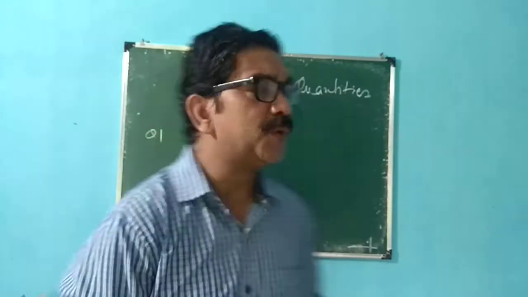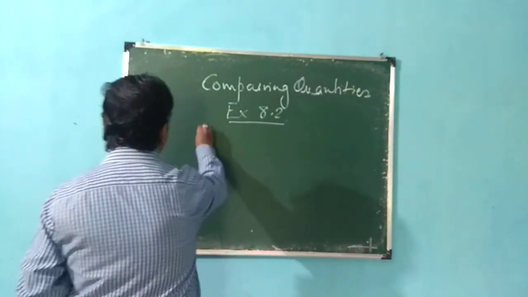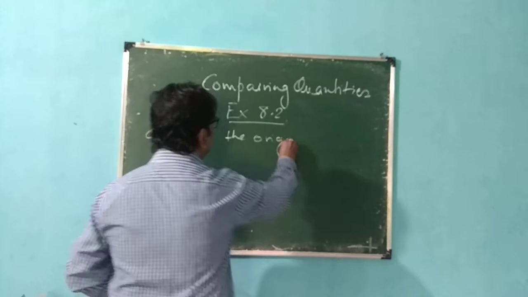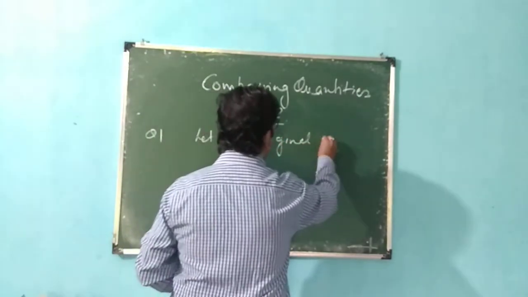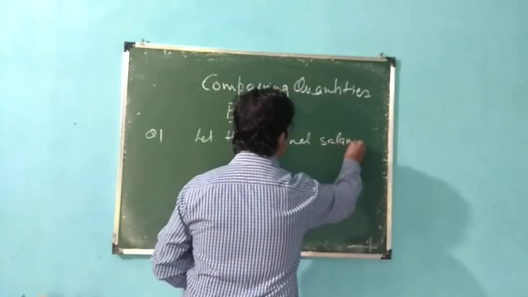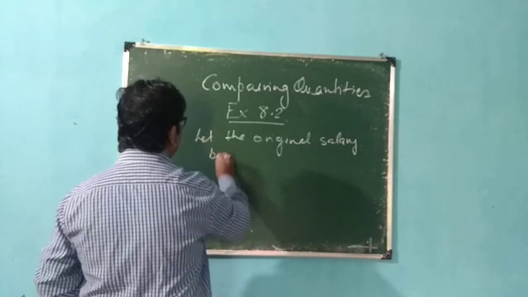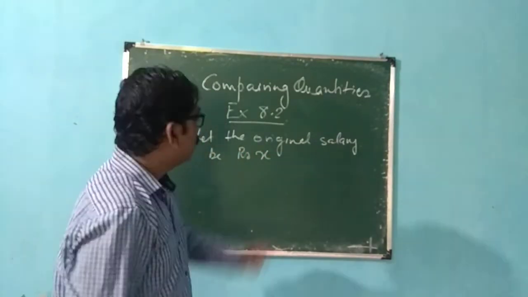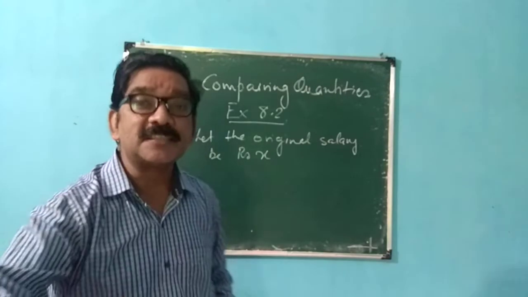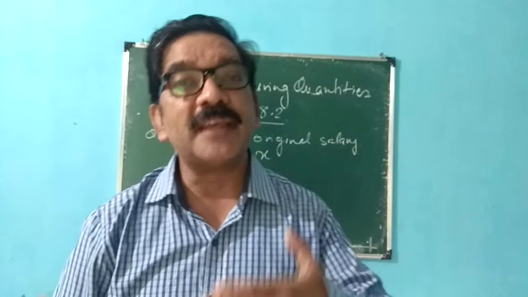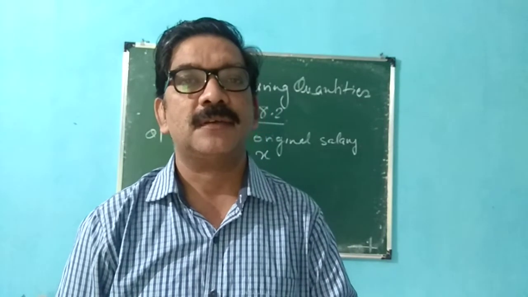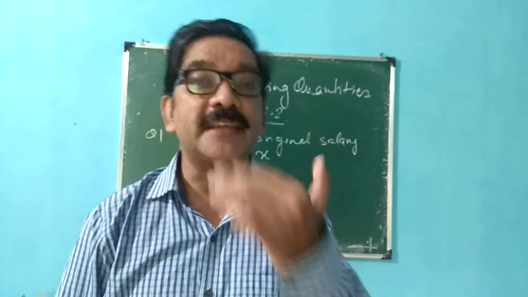As usual, what we do, let the original salary be rupees X. Now this rupees X increased by 10%. When I say increased, what does it mean? Plus. Alright. Increase means plus, decrease means minus.